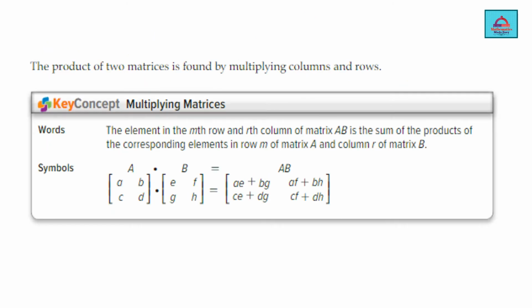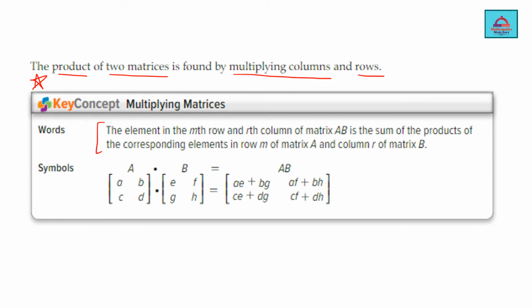Okay, now I'm going to give you the most important part of the lesson, which is the key concept of multiplying matrices. So there's a particular rule that we are going to follow when we do the matrix multiplication, and it says that the product of two matrices that you're trying to multiply is found by multiplying the columns and the rows. Very important.